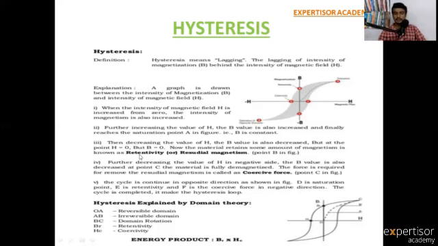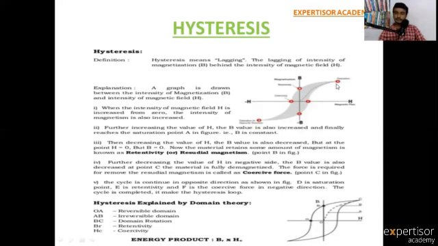See once again these points. What is point one saying? As the intensity of magnetic field H increases from zero, the intensity of magnetization is also increased up to point A. Further increasing the value of H, the B value also increases and finally reaches the saturation point, where B is constant.